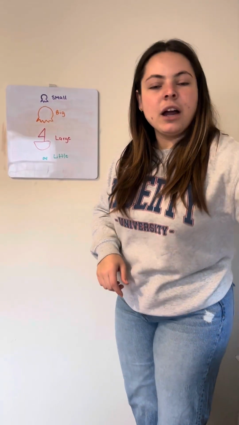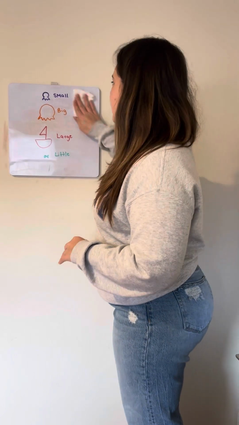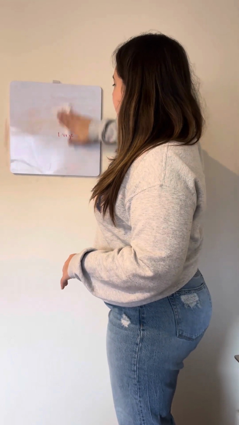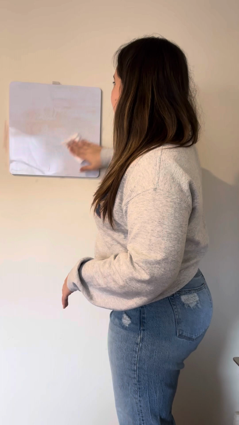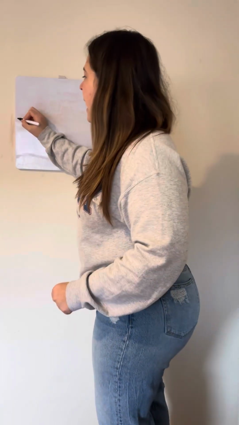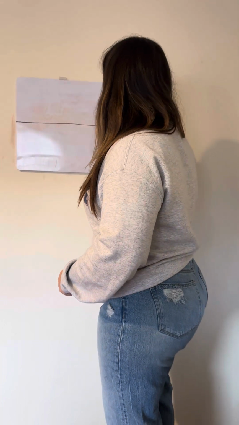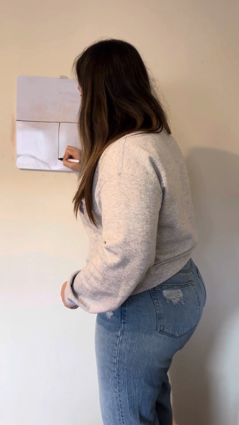So now we're going to talk about synonyms and antonyms. So you each will get a piece of paper that has the definitions of synonyms and antonyms. And it's also going to have a little chart on there as well that looks like this. So let's write down the definition of a synonym first.